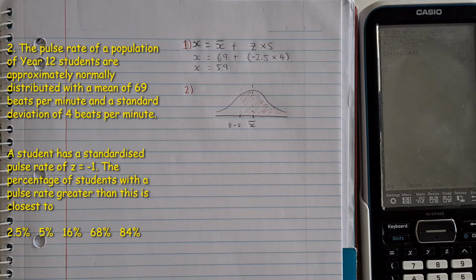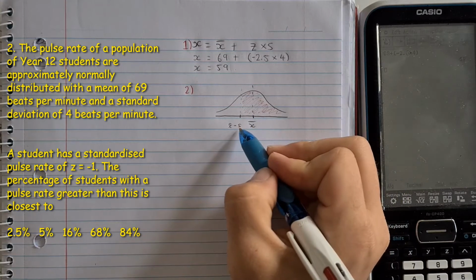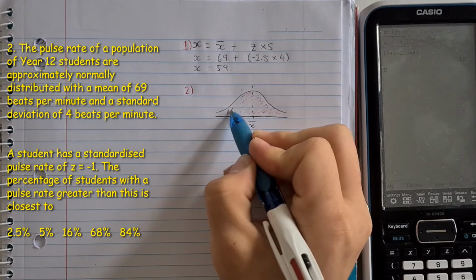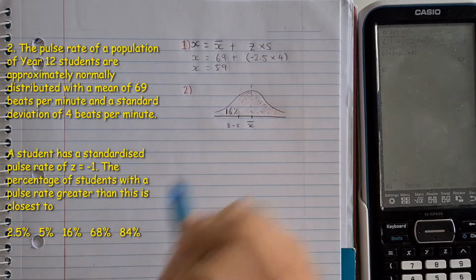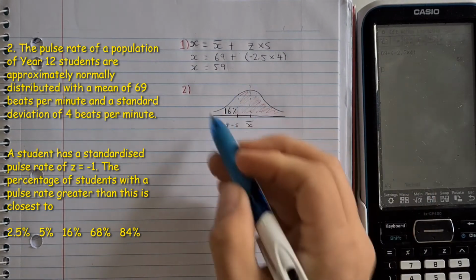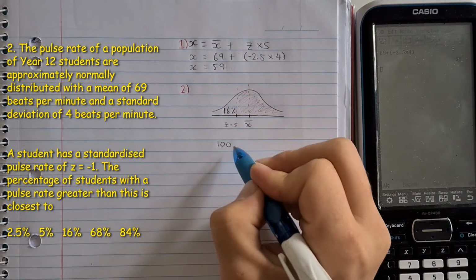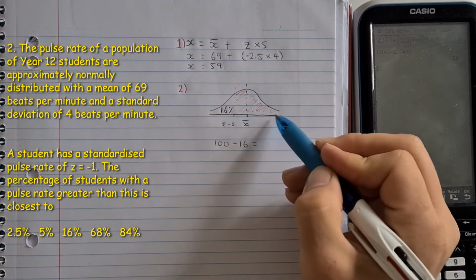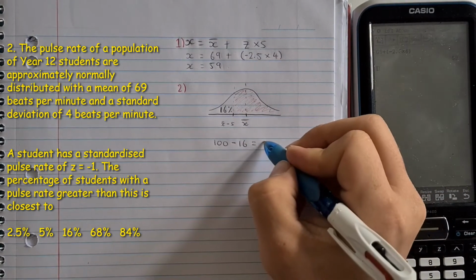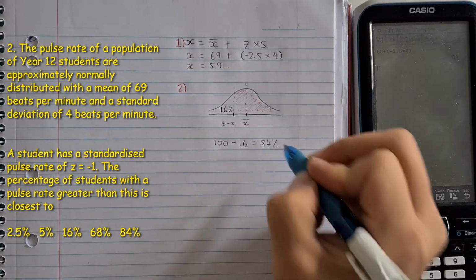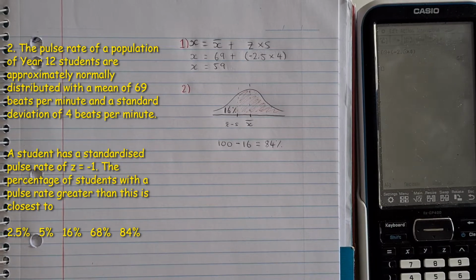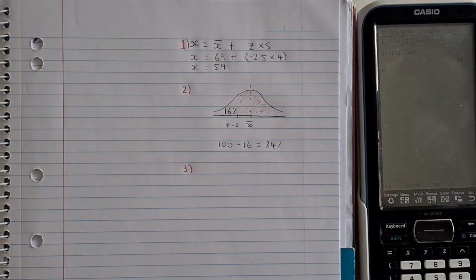Now we know from the bell curve charts in our notes that the percentage that lies below this point is 16%. If the entire bell curve is 100%, then everything that's shaded red here must be 100 minus 16, which equals 84%. So 84% of students have a pulse rate higher than that student.